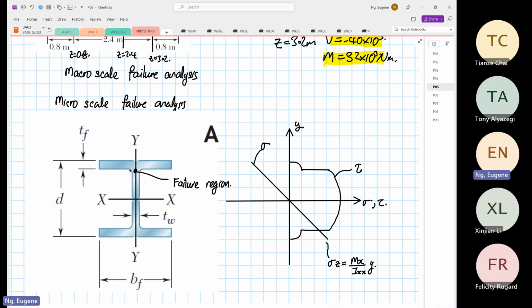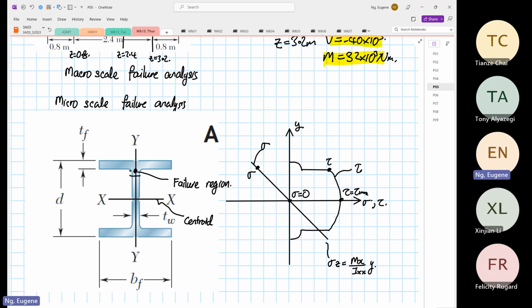If we pick at the centroid, this line is where our centroid is. It's not a very good position. Why? At the centroid, normal stress is equal to 0, and over here tau is equal to tau max. No good. But if we put at the failure region over here, your normal stress is not the highest, however your shear stress also has a certain value.